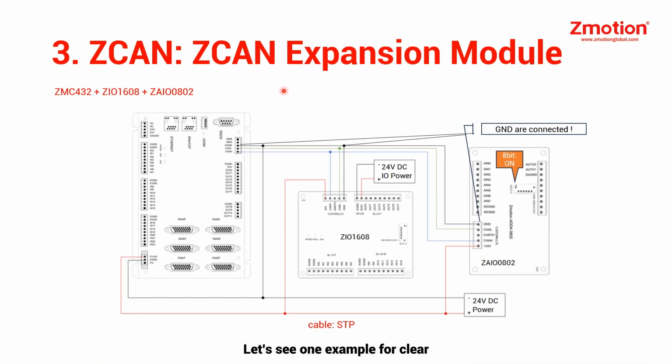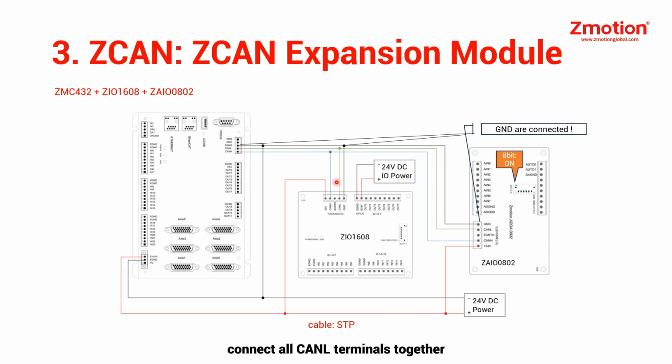Let's see one example for clear. Here, take ZMC432, ZIO1608 and ZAIO0802 as the example. Cable with shield layer is recommended. Main power of controller and power sharing 1. For I/O power, ZIO1608 I/O needs to be powered independently.